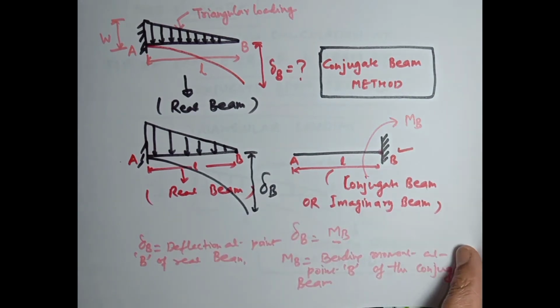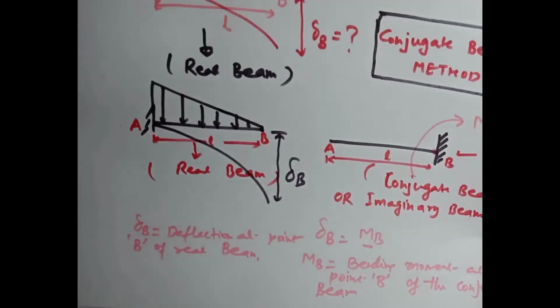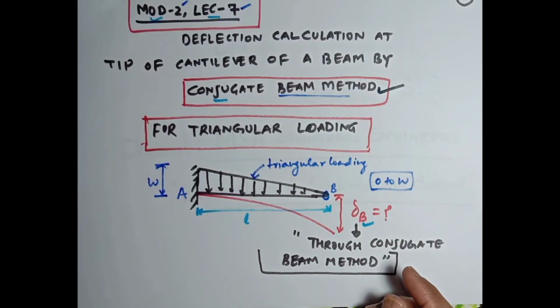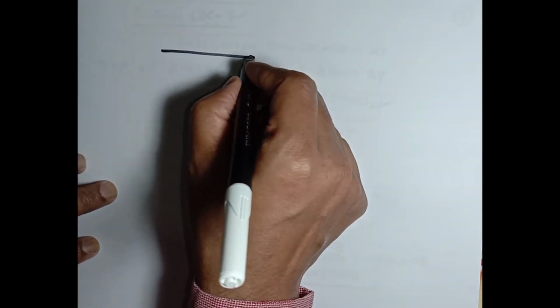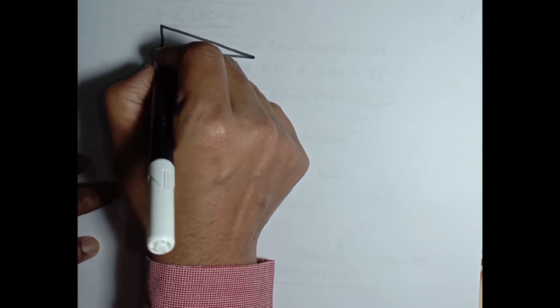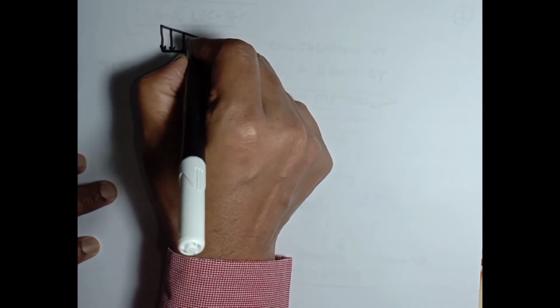Now we are going to find the bending moment diagram for this real beam, which is subjected to a triangular loading. This is the real beam subjected to a triangular loading.